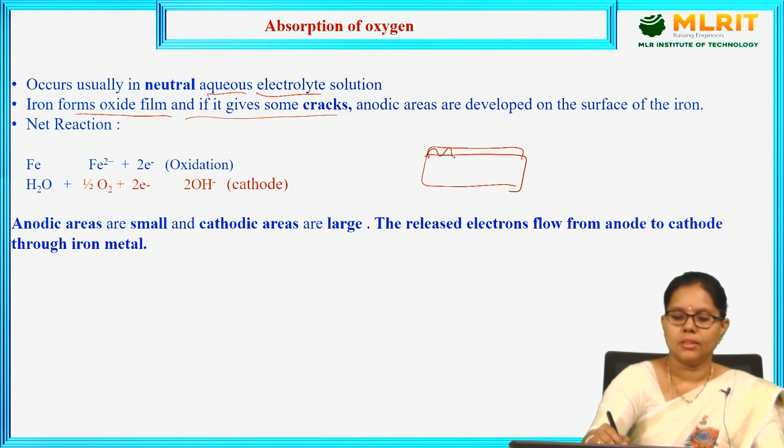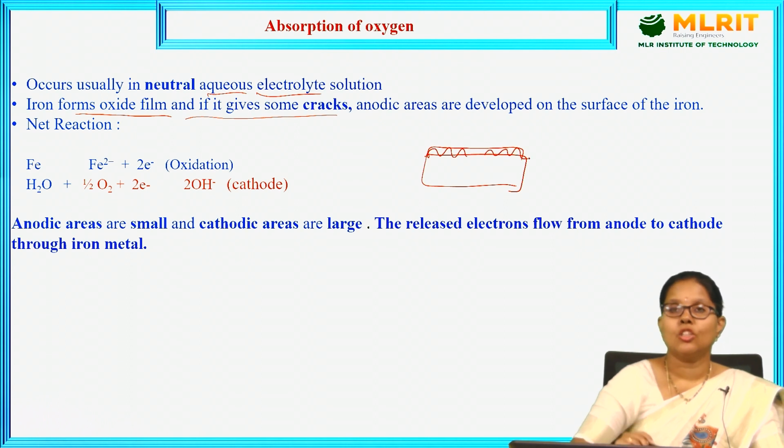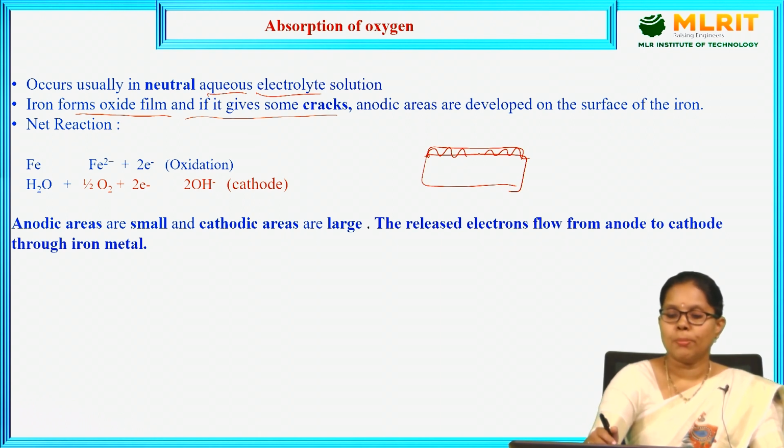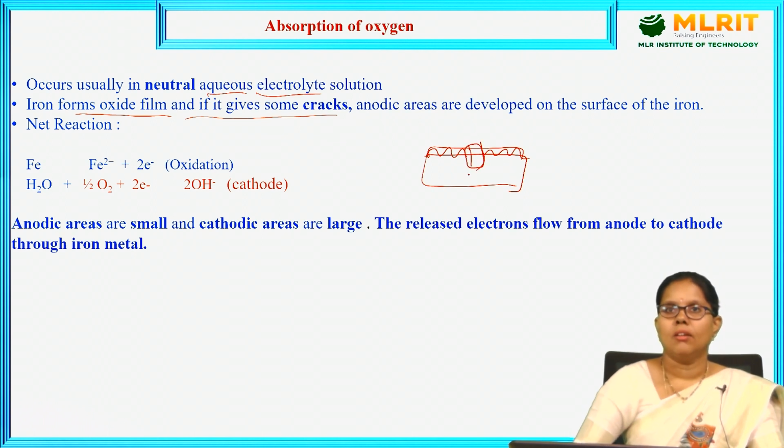The oxide layer is, in some metals, a protective layer. So, the protective layer is lost here. What is a crack? The oxide film has been lost there.